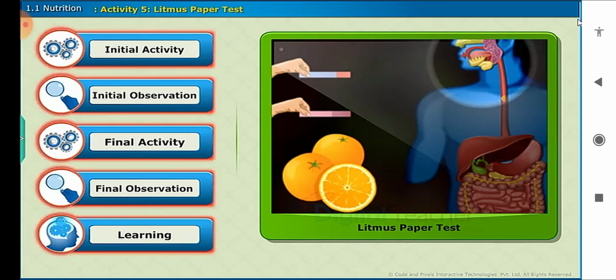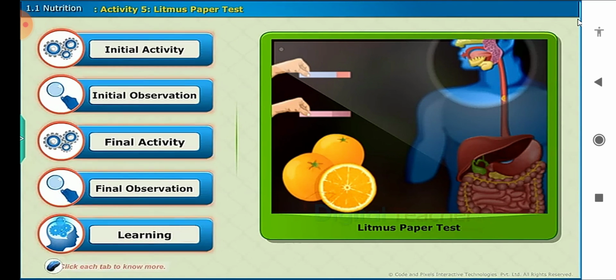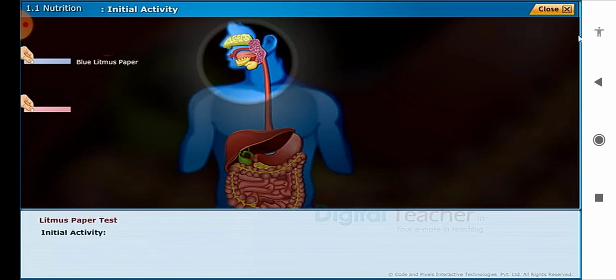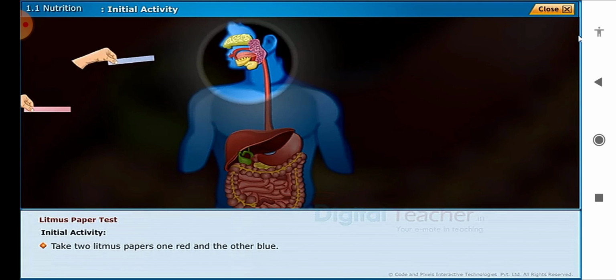Here, let us perform an activity where the acidic and basic nature of food materials are tested using litmus paper. Click each tab to know more. Take 2 litmus papers, one red and the other blue.